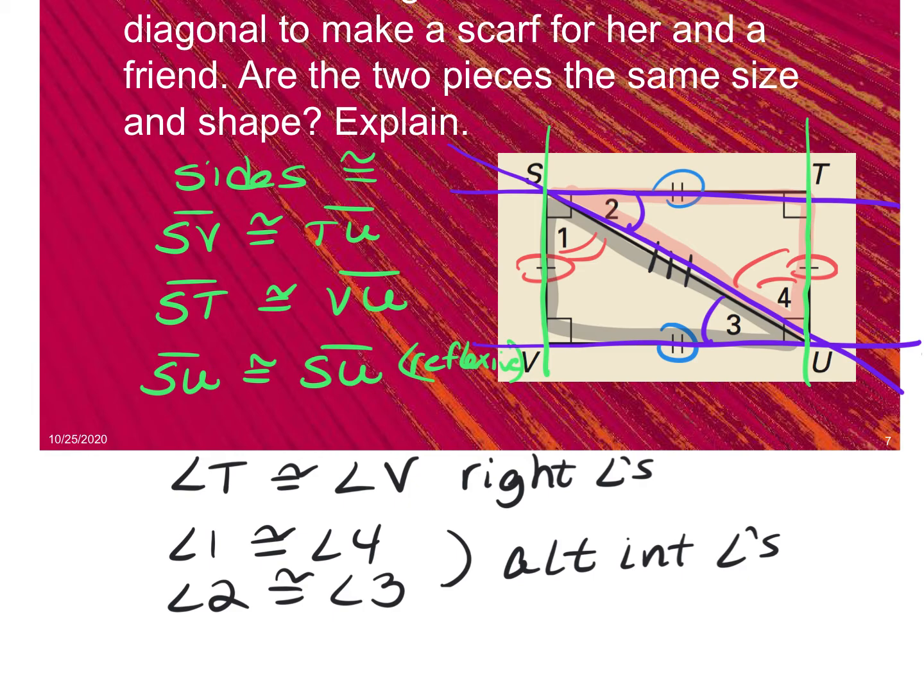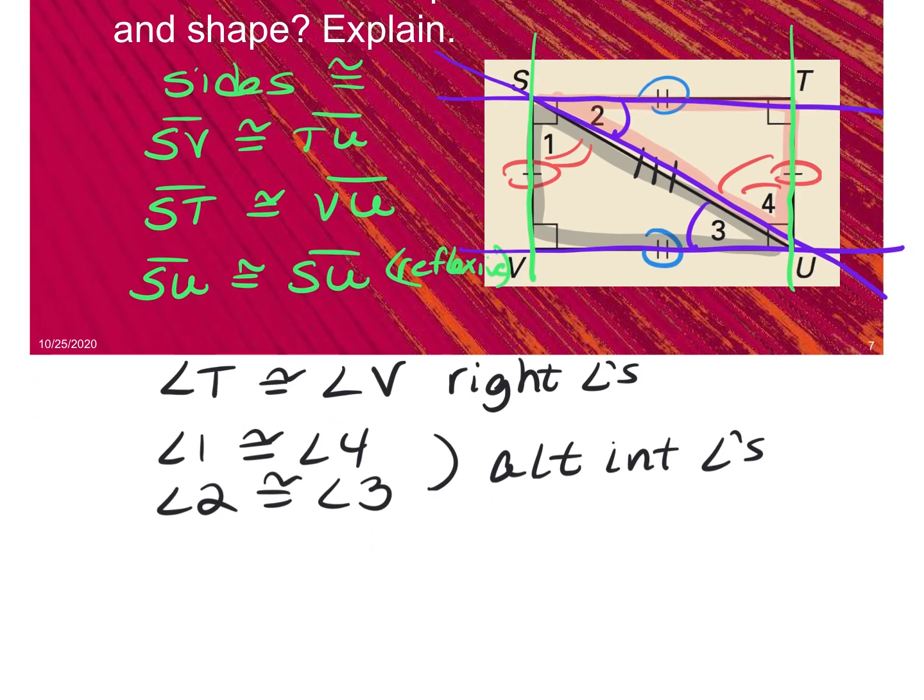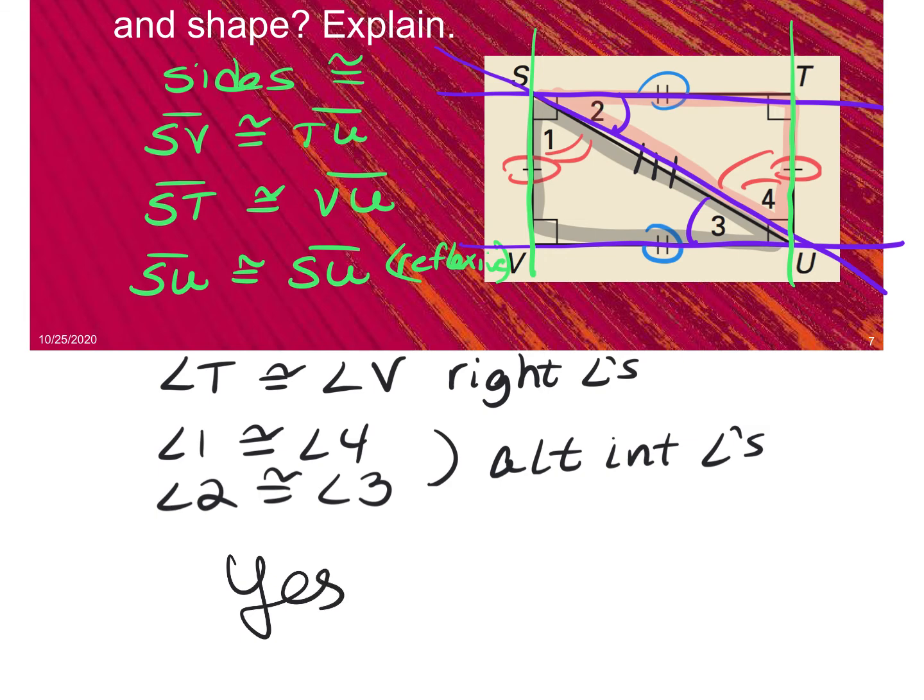So now that I've established that all three angles in both scarves are congruent and all three sides are congruent, I will say yes, they are the same size and same shape. So yes, they are. Same size and shape.